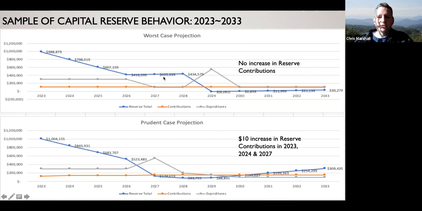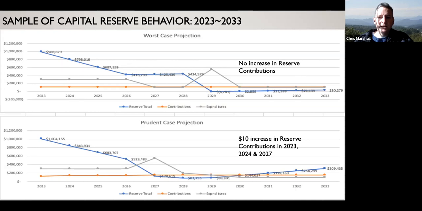But notice what the number says: $425,000. So it's likely that the cost of the streets is going to be more than $425,000. Therefore, we wouldn't be able to pay for the street repair. So we need to actually save up for that. As we move forward, 2029 seemed like the latest that we could possibly consider street repair.